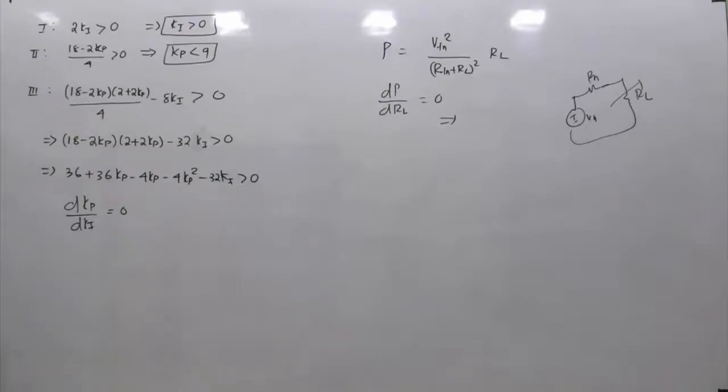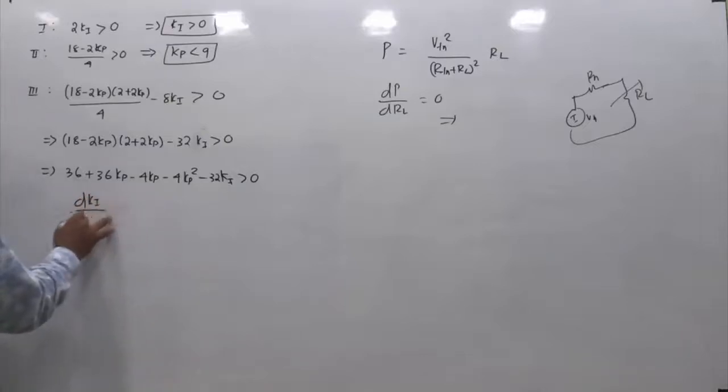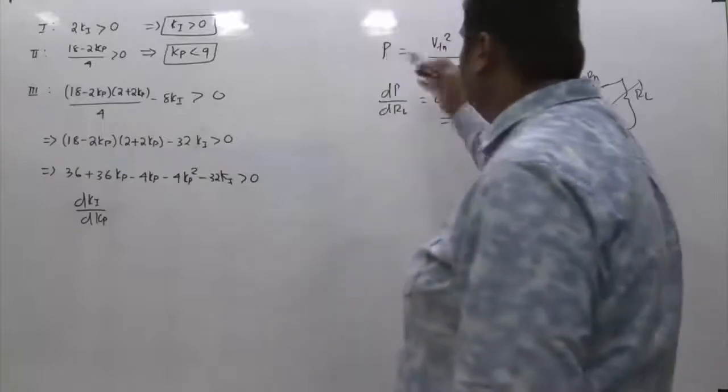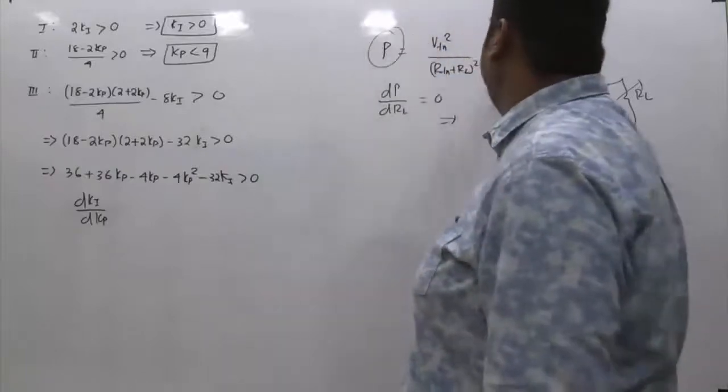From these equations you will get a condition. Actually, instead of dkp by dki, I think we should do dki by dkp, right? What I am trying to find is under what value of kp ki attains its maximum value, like here under what value of RL P attains its maximum value. So our target quantity is P and the variable is RL.